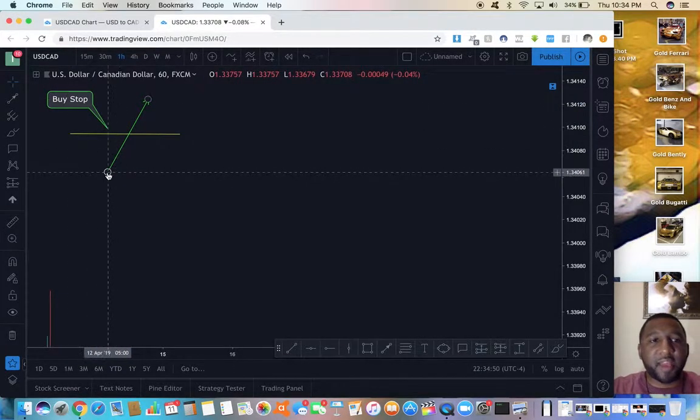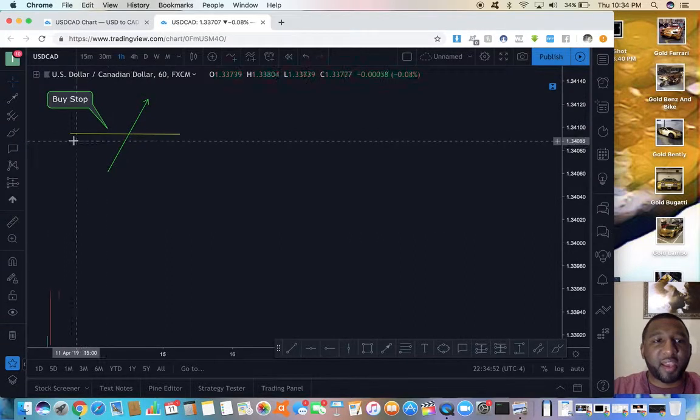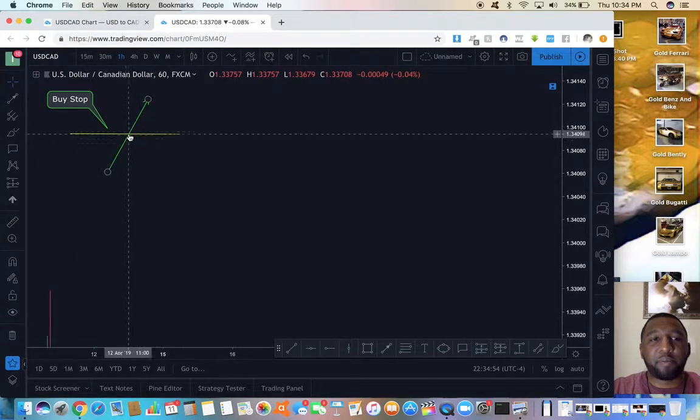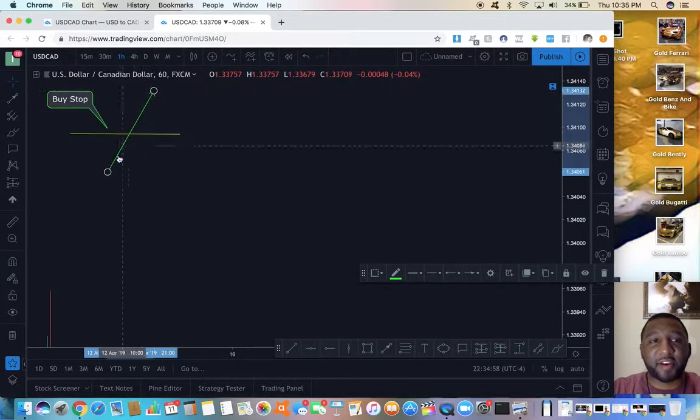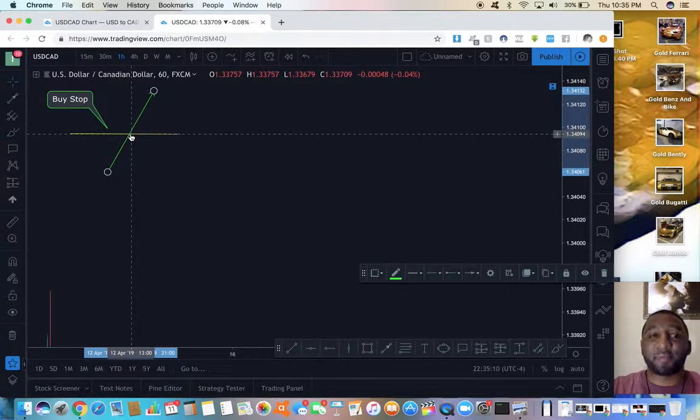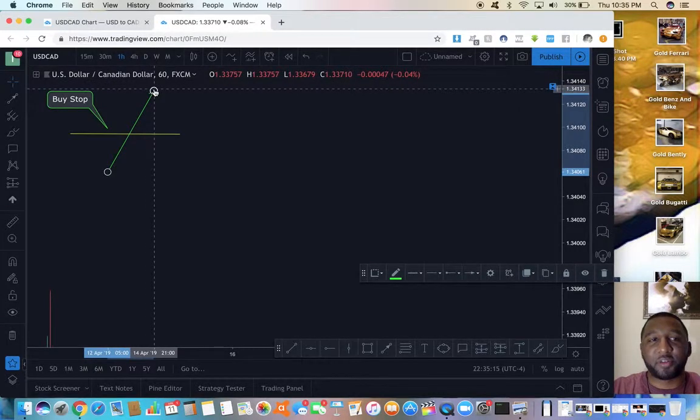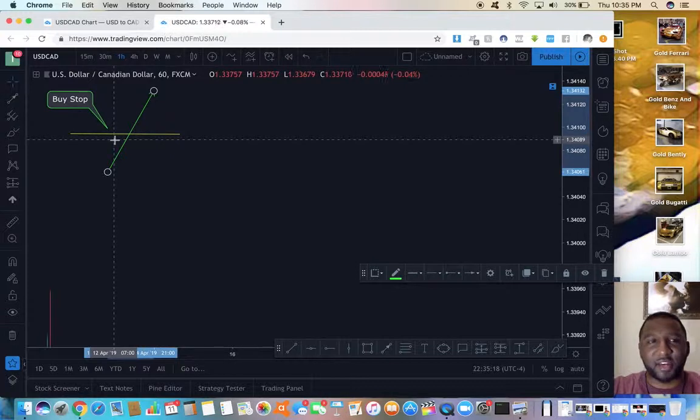That means the market moves up and gets to a certain point, it puts you in the trade and continues moving in that exact direction. Now, I want you to think of running a stop sign. You want to get to a certain place and then get put in the trade, and you want the trade to keep going in the same direction you were going. In this example, a buy. That would be a buy stop.